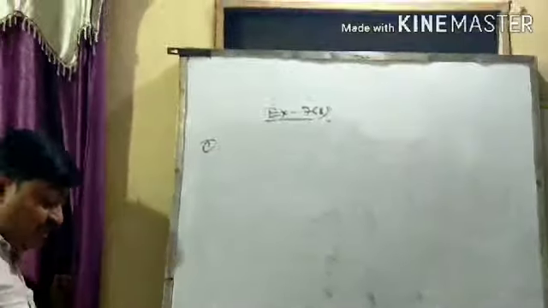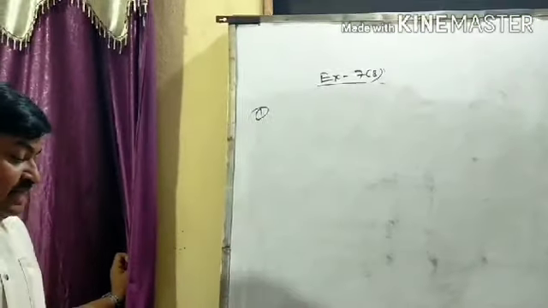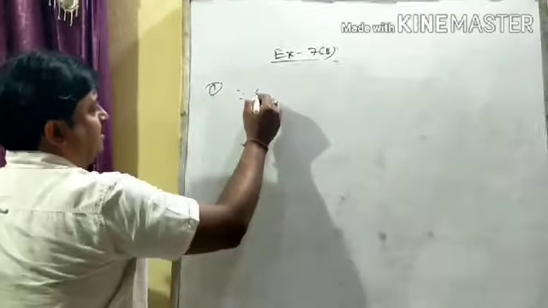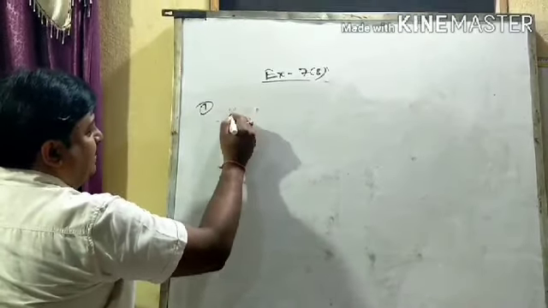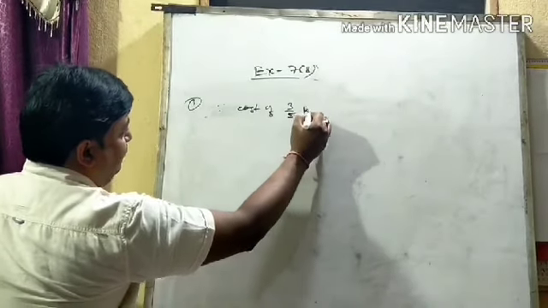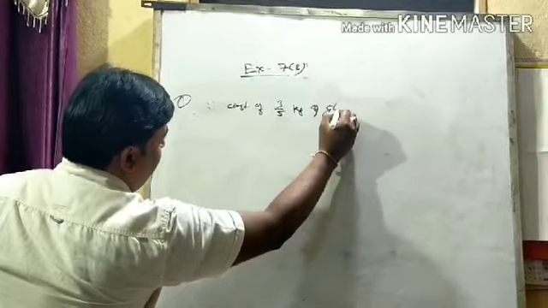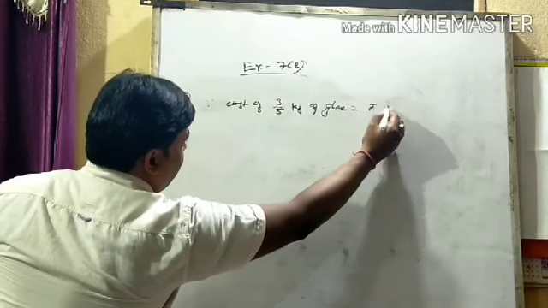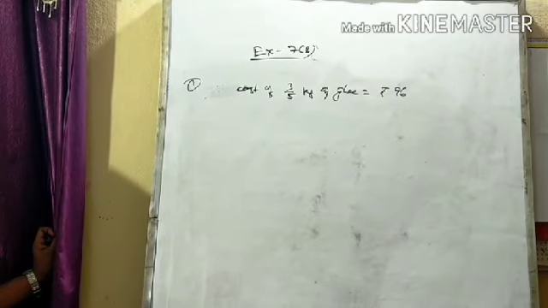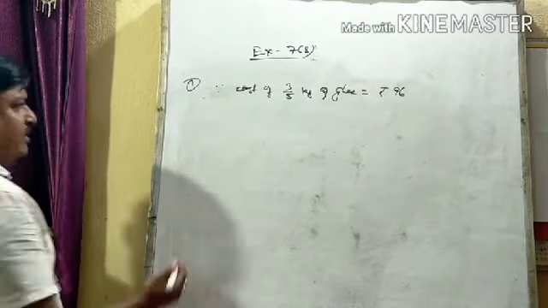The first question is, the cost of 3 by 5 kg of ghee is rupees 96. Find the cost of 1 kilogram of ghee. It's very simple.